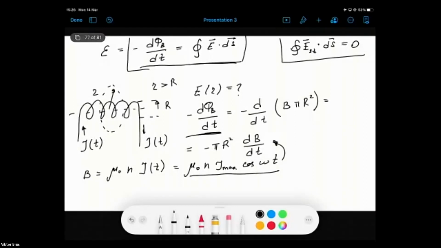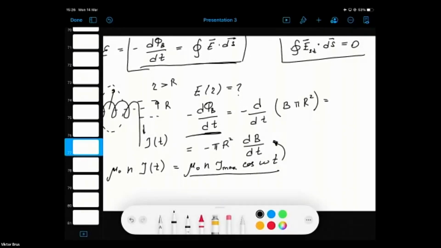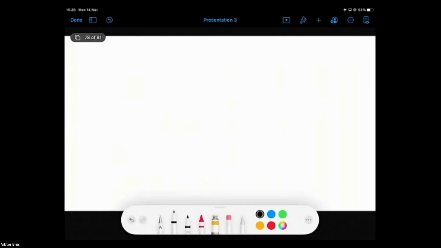Maybe let me go to another slide because we'll be overcrowded there. So minus dΦB over dt is equal to minus pi r squared dB over dt.